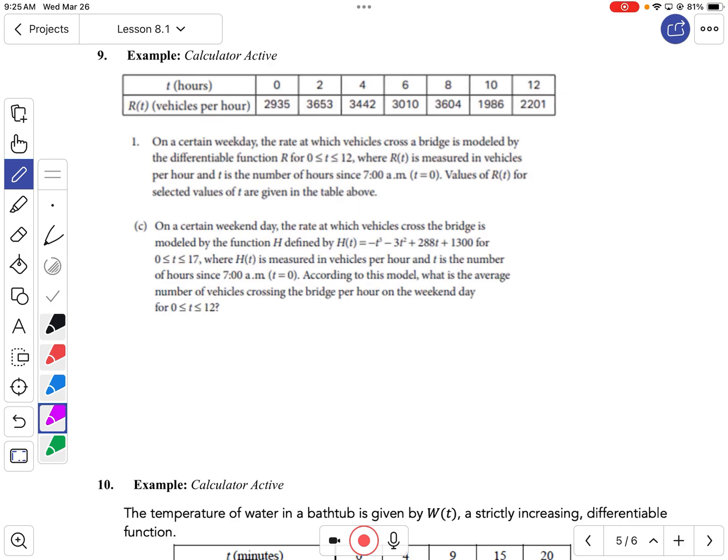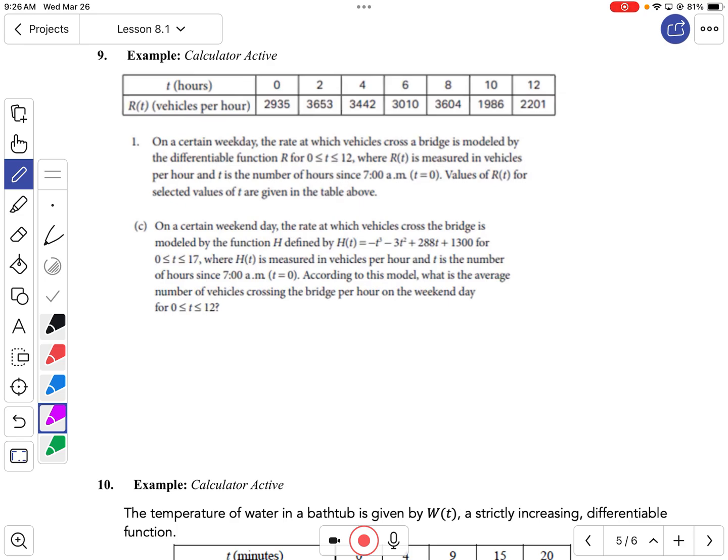It says on a certain weekday, the rate at which vehicles cross a bridge is modeled by this differentiable function, where R of t is measured in vehicles per hour, and t is the number of hours since 7 a.m., so that's time 0. Selected values are in the table.